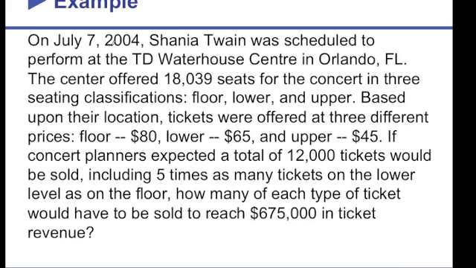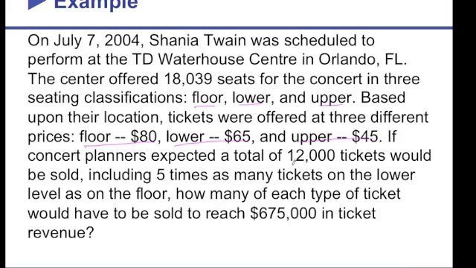On July 7th, 2004, Shania Twain was scheduled to perform in the TD Waterhouse Center in Orlando, Florida. The center offered 18,039 seats for the concert in three seating classifications: floor, lower, and upper. Based on their locations, tickets were offered at three different prices: floor tickets at $80, lower tickets at $65, upper tickets at $45.